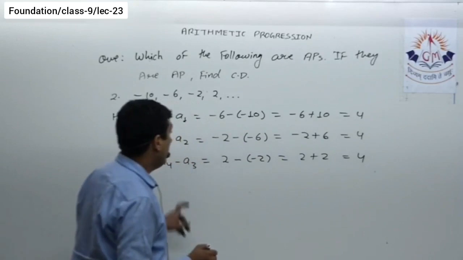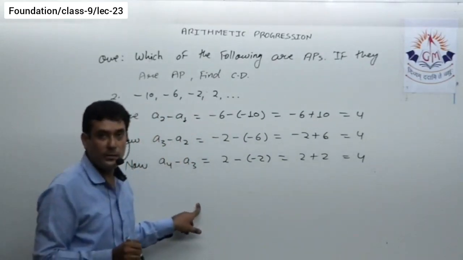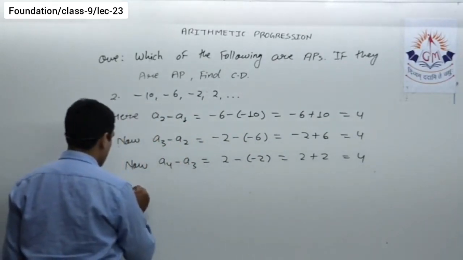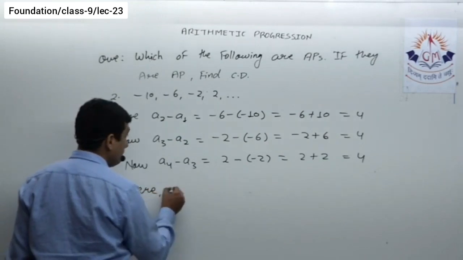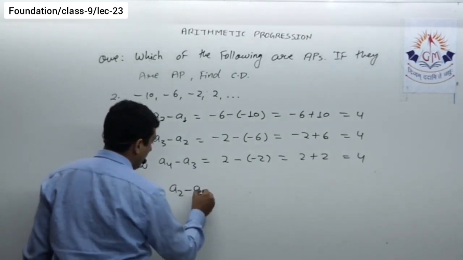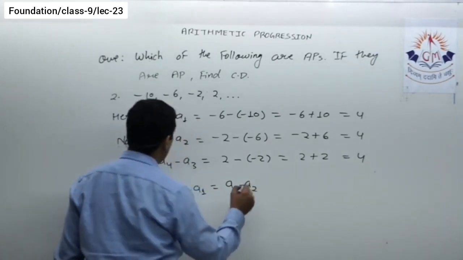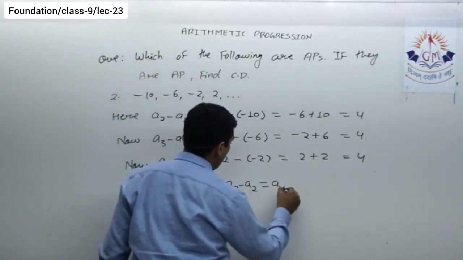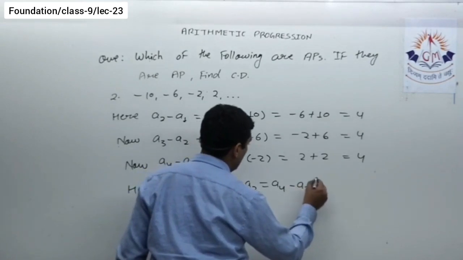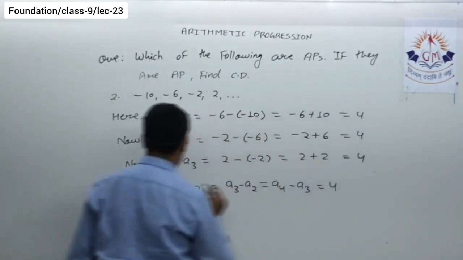Okay, so here all the differences are the same. Here A2 minus A1 is equal to A3 minus A2 is equal to A4 minus A3 is equal to 4.